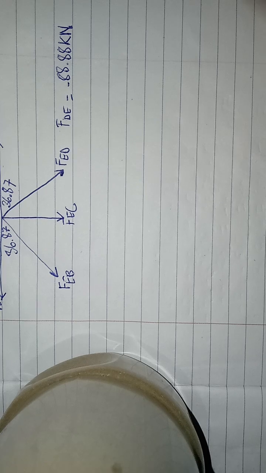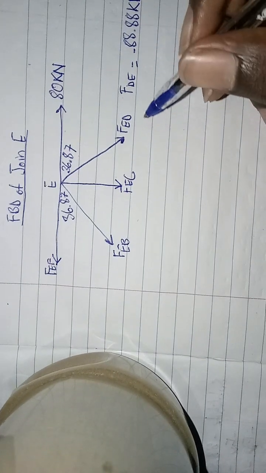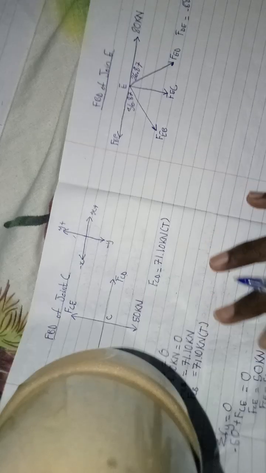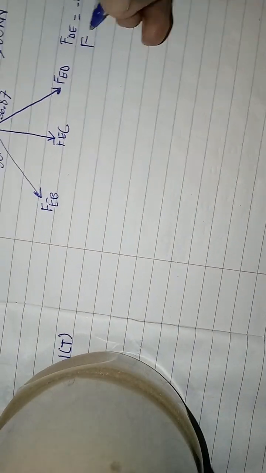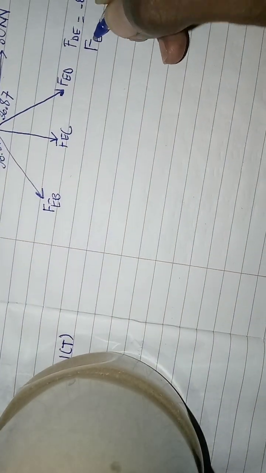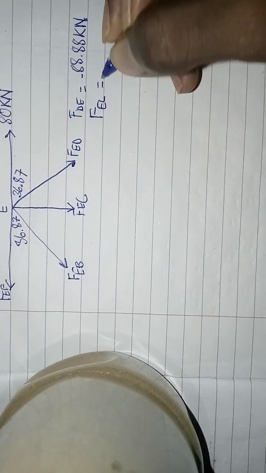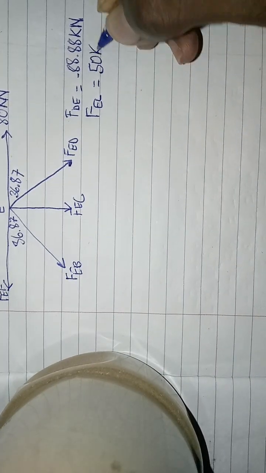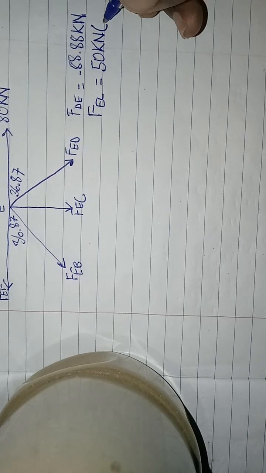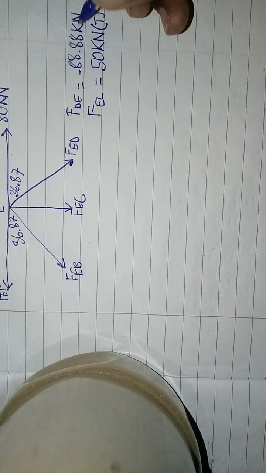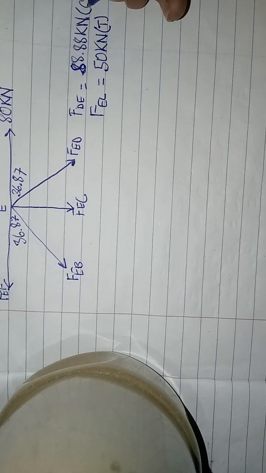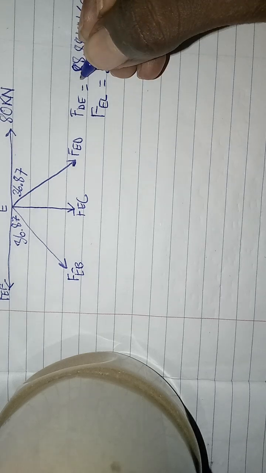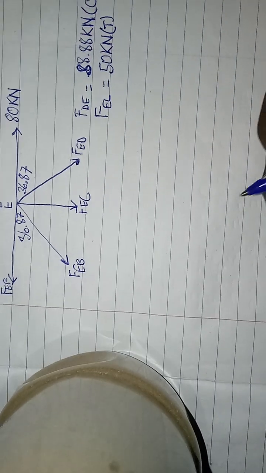We have force EC or CE to be equal to 50 kilonewton. It is under tension. So there is compression. So we can ignore the sign and just write C here, C meaning there is negative here.